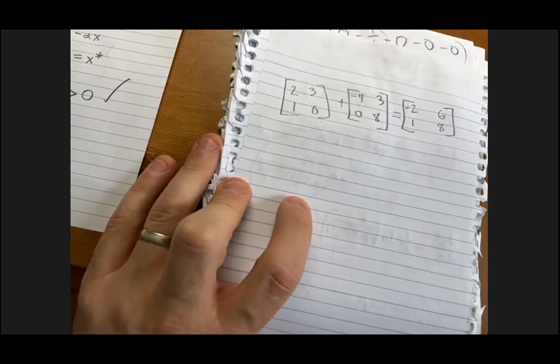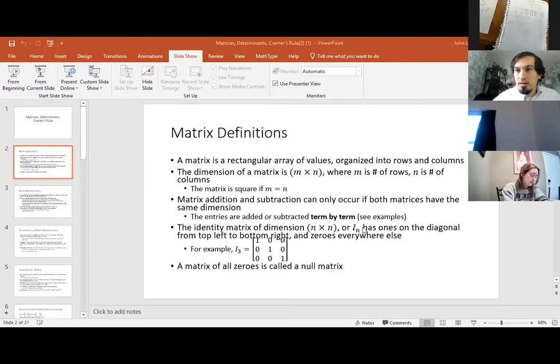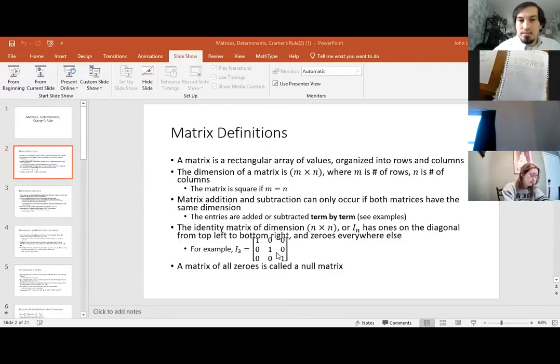Let me now talk about matrix multiplication. I want to get to matrix multiplication because that one's not as easy. So before I do, let me define for you these other terms.